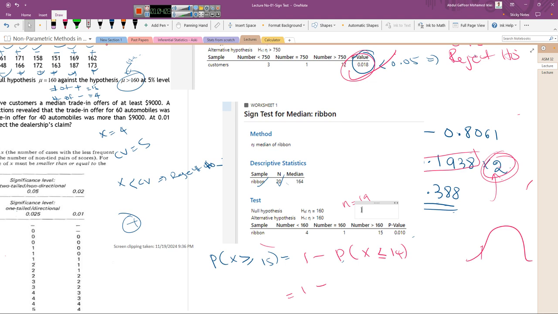Shift this 19 C x times 0.5 power x times 0.5 power n minus x, that is 19 minus x, and here we have to add from 0 to 40.